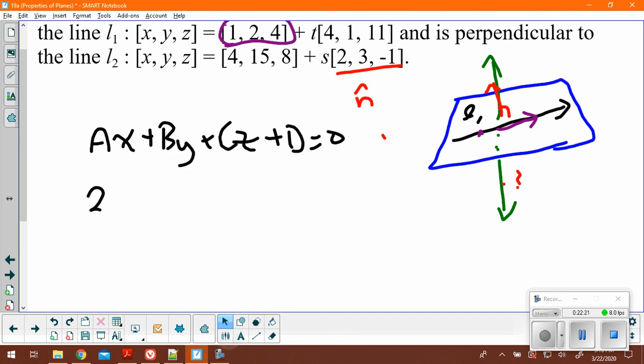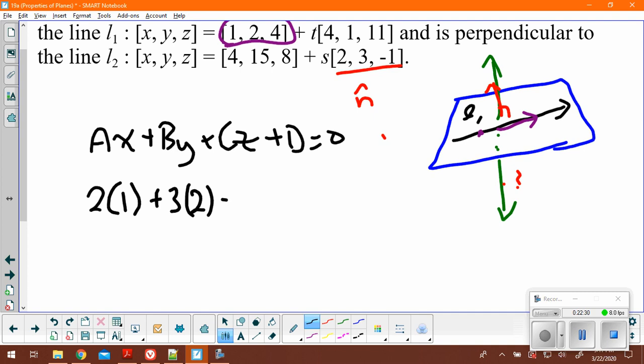So a is 2, and my x coordinate is 1. b is 3, and my y coordinate is 2. c is -1, and my z coordinate is 4. Plus d is equal to 0. And we just work that around.